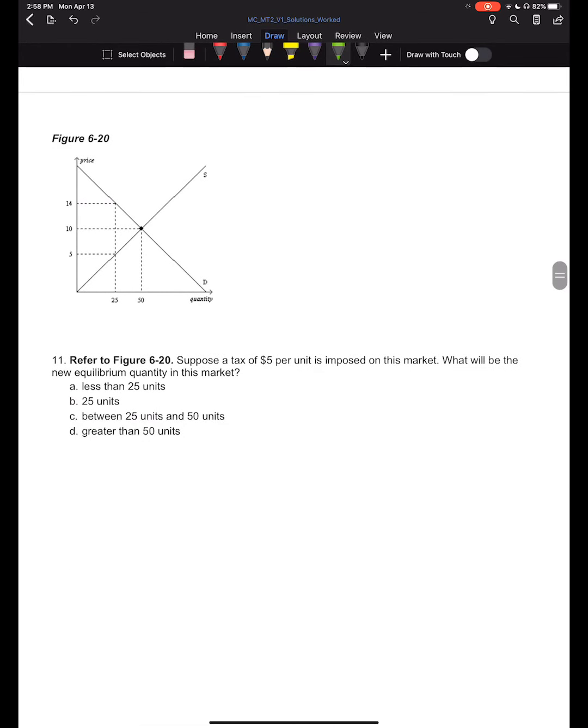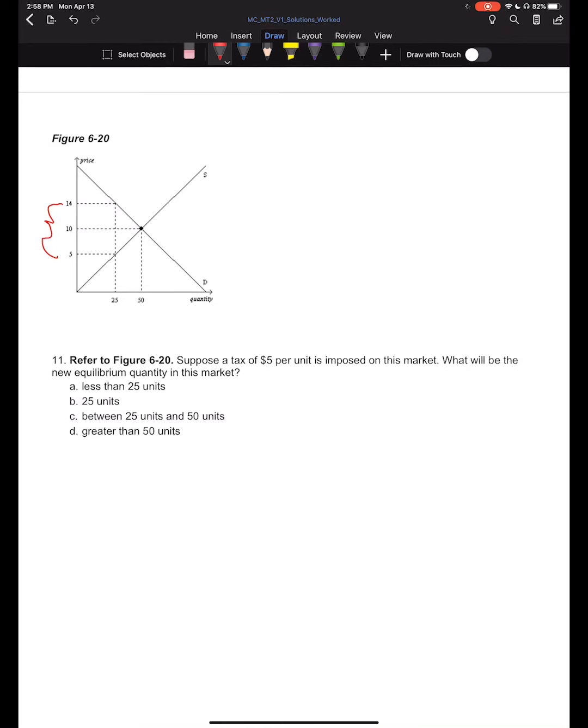Question 11. Suppose a tax of $5 per unit is imposed on this market. What will be the new equilibrium quantity in this market? Well, if the tax in this figure was actually imposed, that it's showing here, what would be the size of that tax?